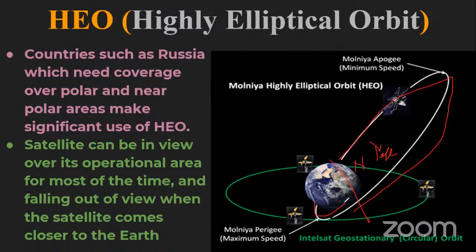So the problem got solved by using this highly elliptical orbit. Now, the maximum amount of time it will remain near the North Pole, which will help in giving a proper idea about the deposition or melting of snow, and hence weather forecasting. Let's move on to the next.